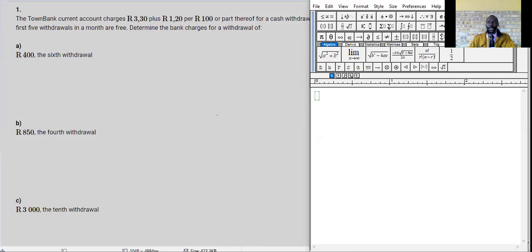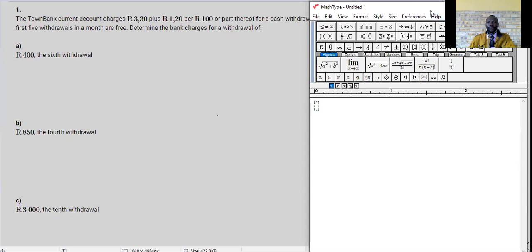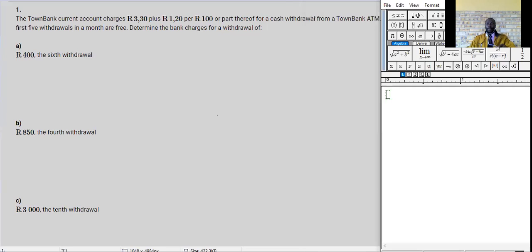So they're saying Town Bank current account charges 3.3 rands plus 1.20 for every 100, which is withdrawn as cash. You see?